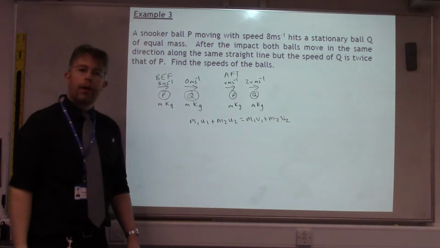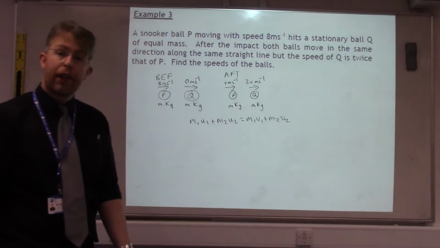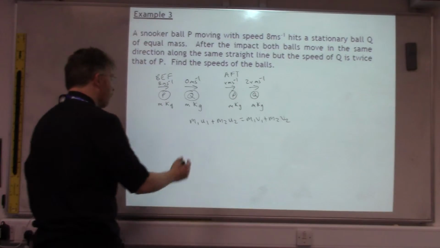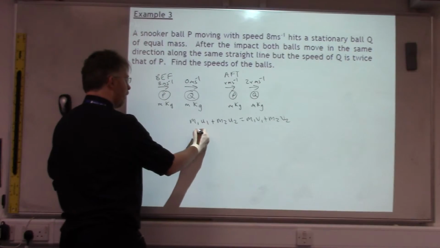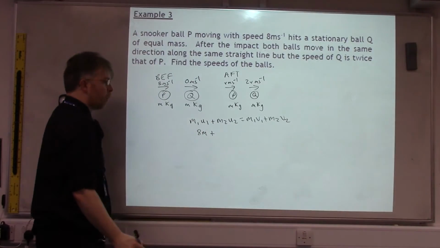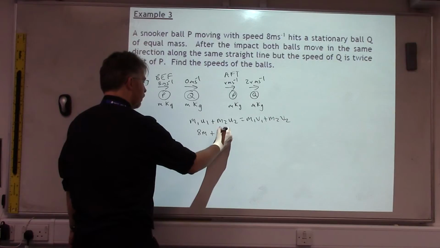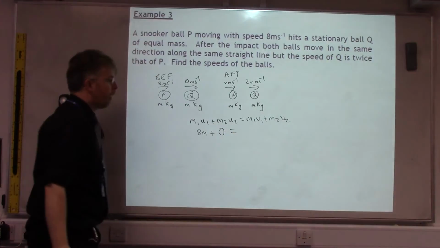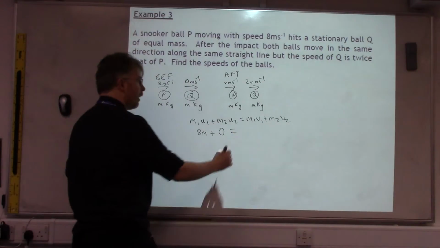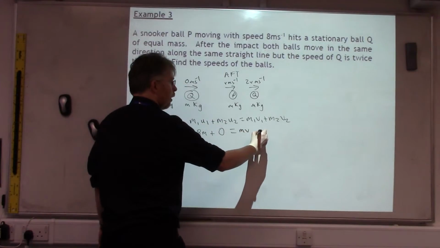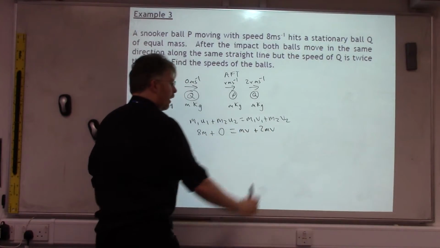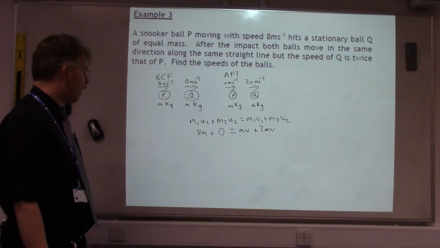So m1u1 plus m2u2 equals m1v1 plus m2v2. So sticking in values, 8 times m plus 0 times m, which is 0, equals m times v plus 2 times mv.